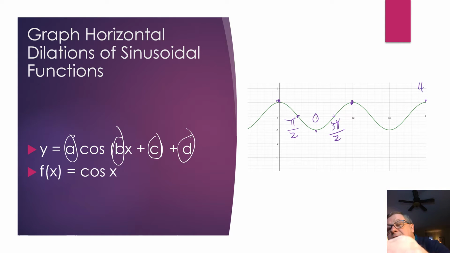And so this represents 2 periods of this cosine function. The way I might measure the period is, how far from this maximum to this maximum, from here to here, have we traveled along the x-axis? Of course, we also know that one trip around the circle is 2 pi.